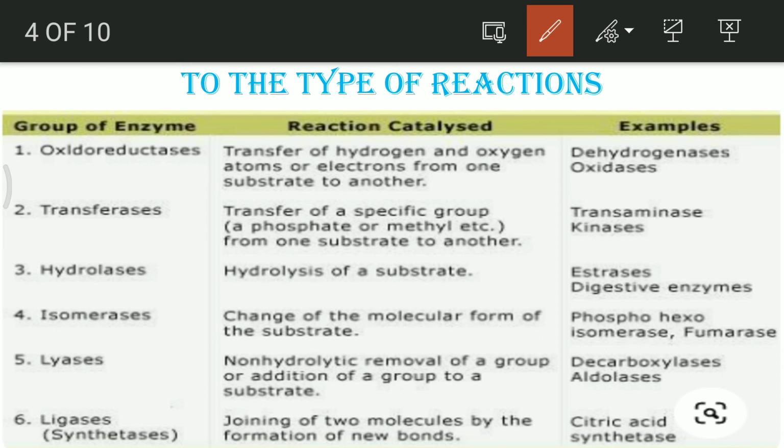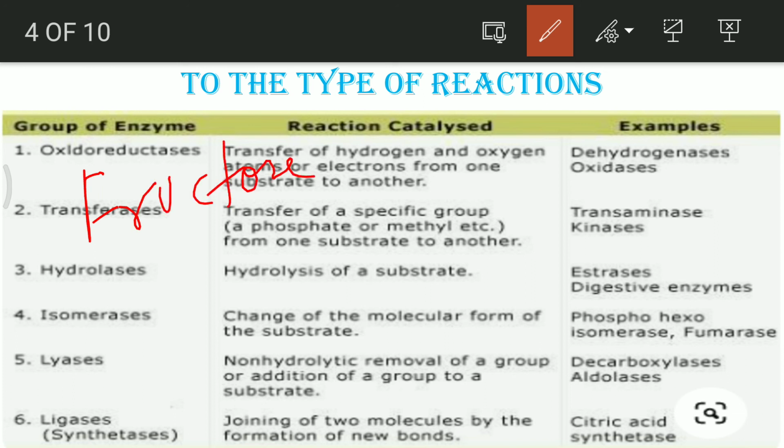But one more example can be thought of, that is of aldolases. Aldolase splits fructose 1,6 diphosphate into dihydroxyacetone phosphate and 3-phosphoglyceraldehyde in the process of glycolysis. Glycolysis is there in our syllabus, so we can learn this. Right now it's maybe difficult to remember, but later on it becomes easy because you will be learning all these reactions.